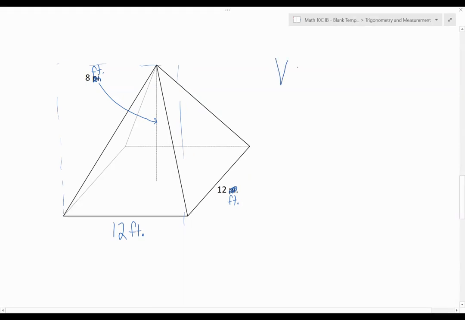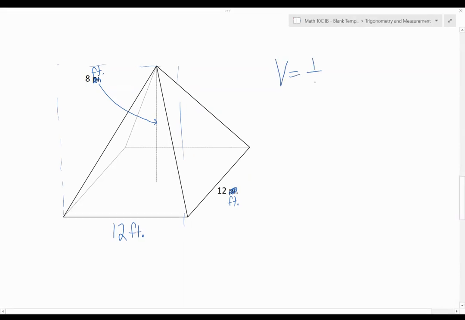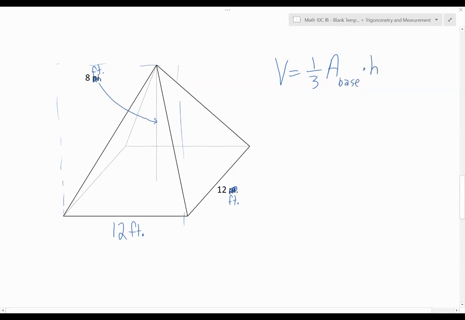Now the volume of this pyramid is going to be 1/3 of the area of the base times the height. Where that 1/3 comes from, you will actually discover when you learn calculus why it's 1/3. But it's correlated to the fact that the area of a triangle is 1/2 the area of a comparable rectangle. The volume of a pyramid is 1/3 the volume of a comparable prism, because now we're in 3 dimensions instead of 2.